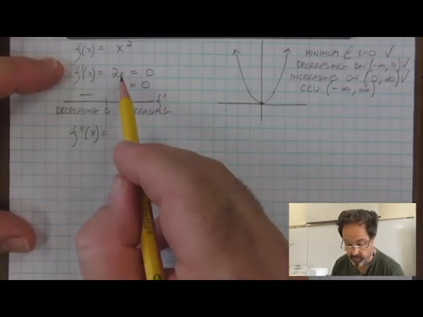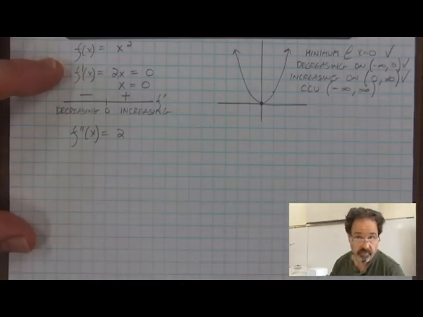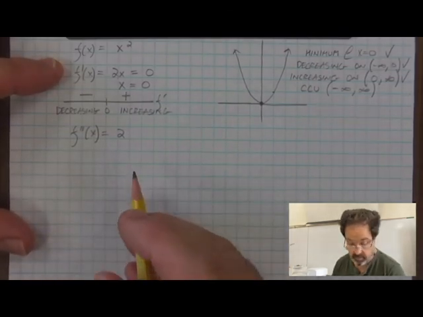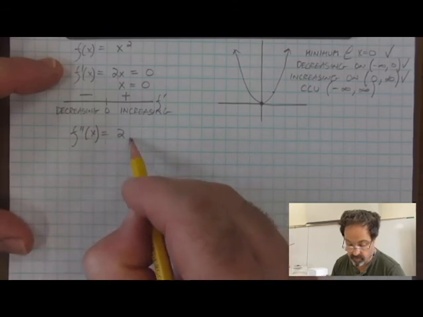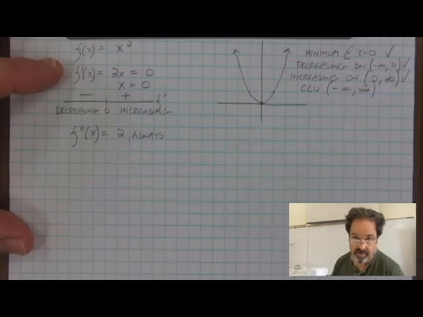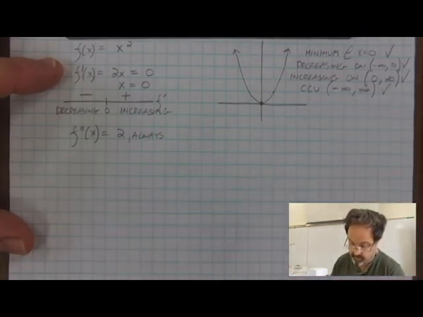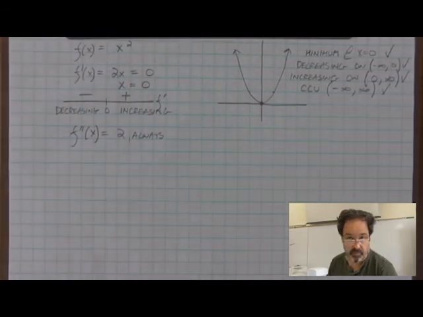The derivative of 2x is 2, which is a constant function, and it's constantly positive. So the second derivative is always positive, which means that it's always concave up, which is the last thing on the list of behaviors and features that I wish to justify.